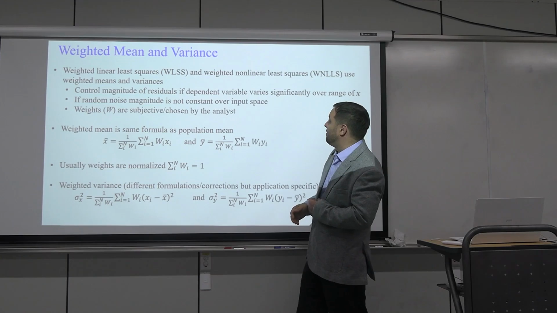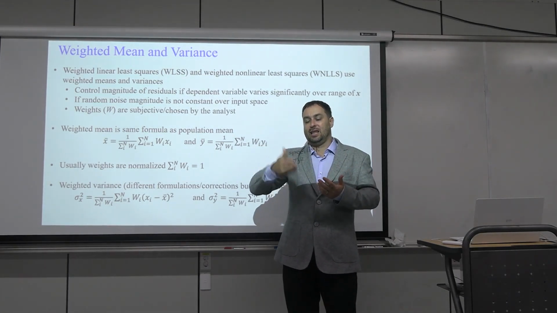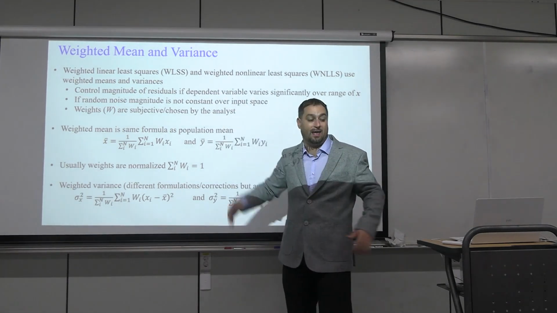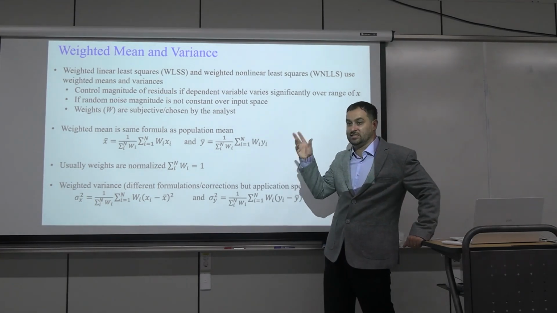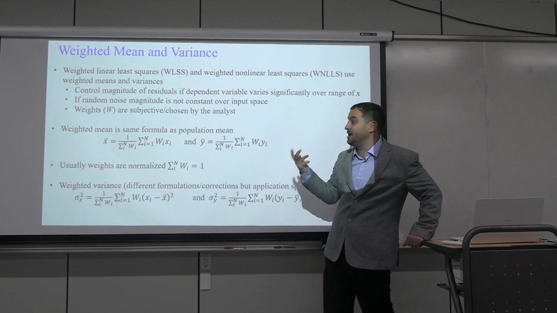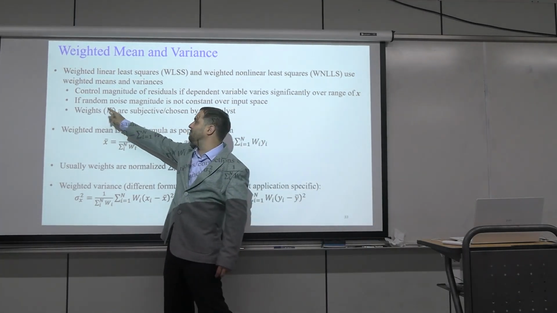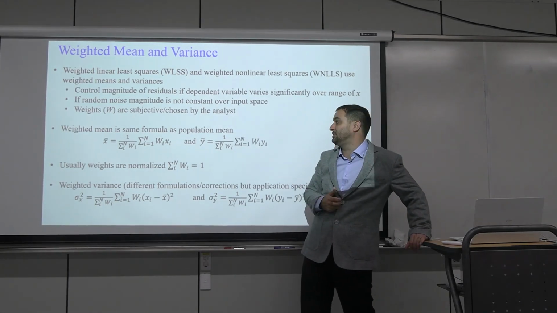Or maybe if the signal is proportional to what you're measuring, the noise from your base signal might then also be amplified. And so in some measurements, the random noise is not constant in the input space. You can use weights to then control the influence of the random noise. But the one thing to remember is the weights, which I'm going to use the letter W, are subjective, and you, as the analyst, have to choose those weights.